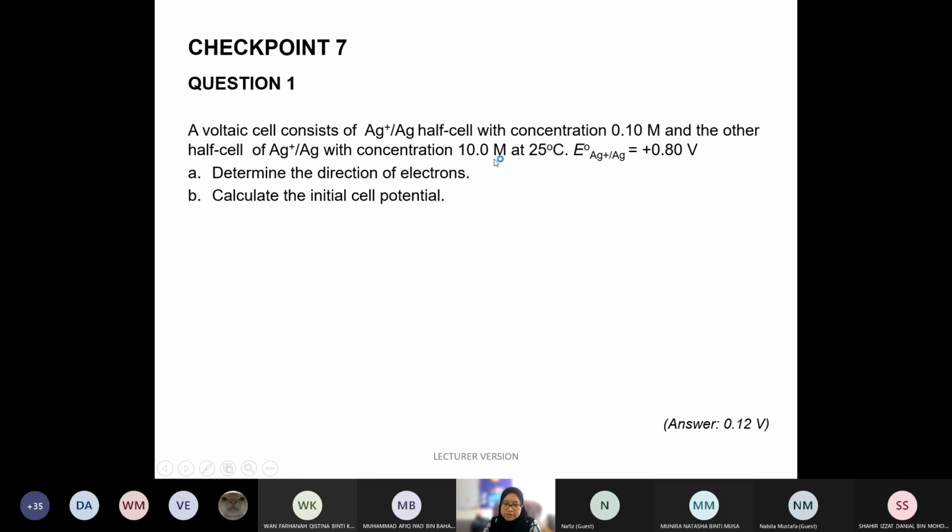So this is pretty much the same as what we had for copper just now. We have the same electrode, the same ions in the solution, but they only differ in terms of concentration. So we have 0.1 and the other one is 10 molar.